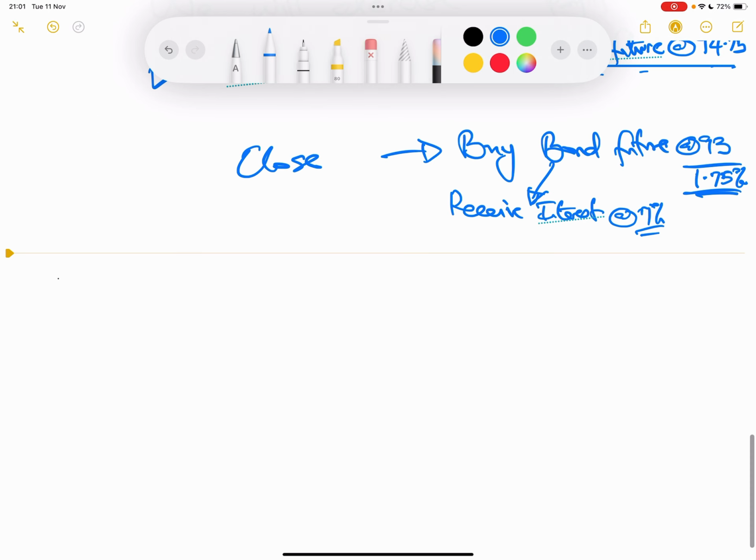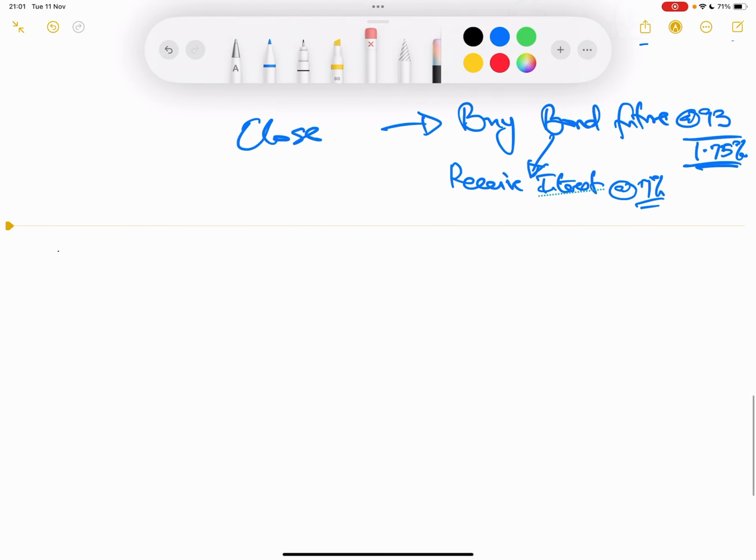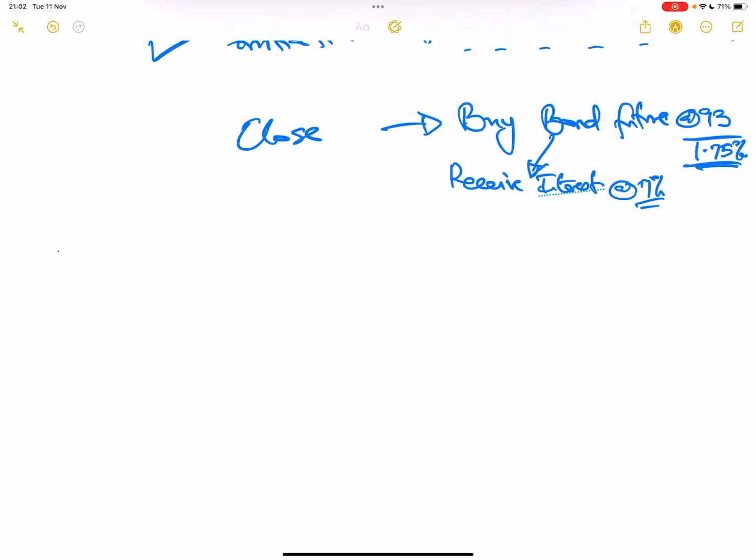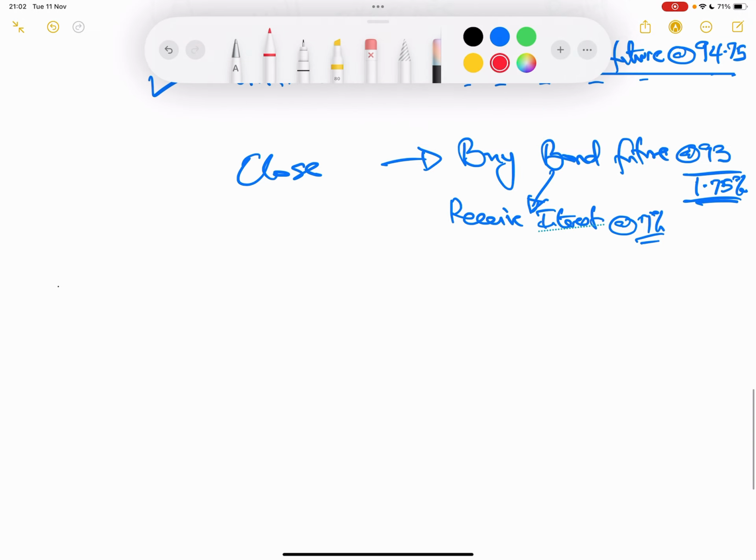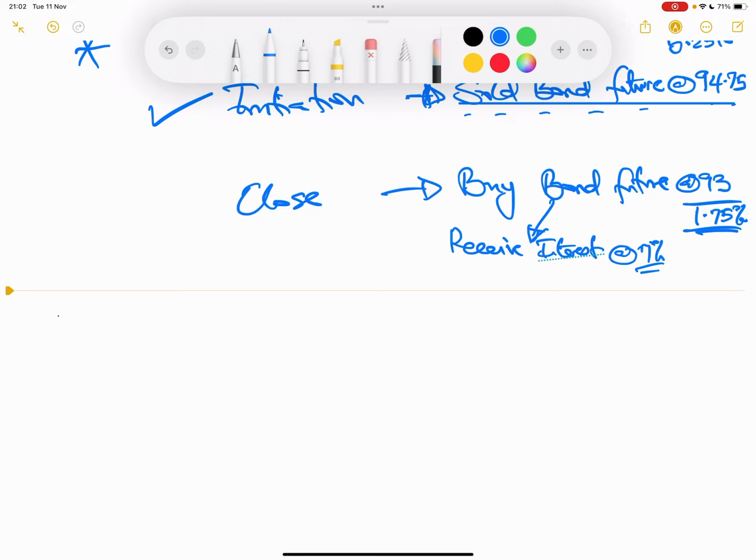So if that is a gain, then the gain on the future will be equal to 1.75%.